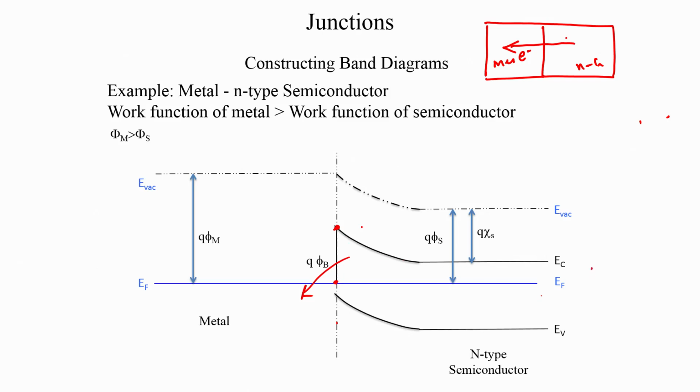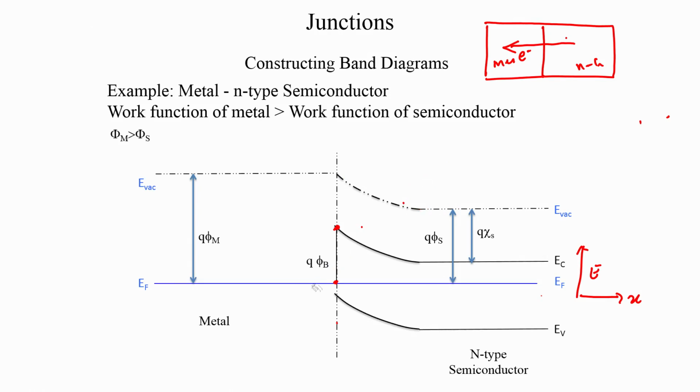So, this is an energy distance diagram. The x axis is distance, the y axis is energy, and it is also indicative of potential. If you want to locate the potential difference between these two points, it is simply the energy difference between those two points divided by q. So, that is the potential difference.